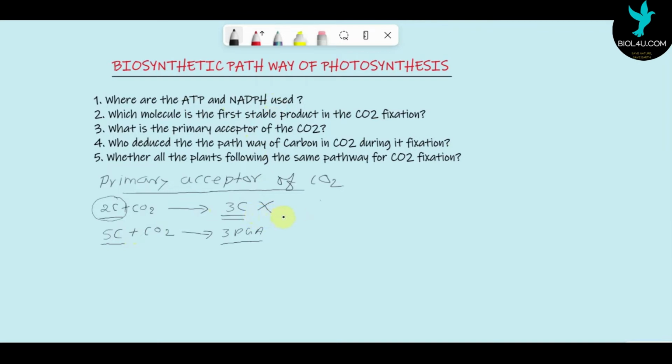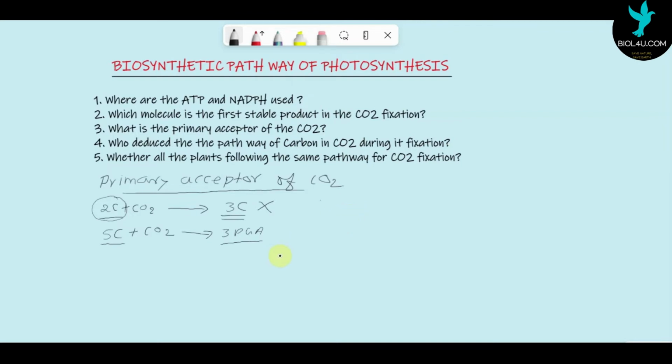The biosynthetic pathway is also known as the dark reaction, but that is a misnomer, because even during dark time, if light is applied, it also follows the light reaction and proceeds with the biosynthetic pathway. We can conclude the biosynthetic pathway is independent of light, and the light reaction is light dependent.